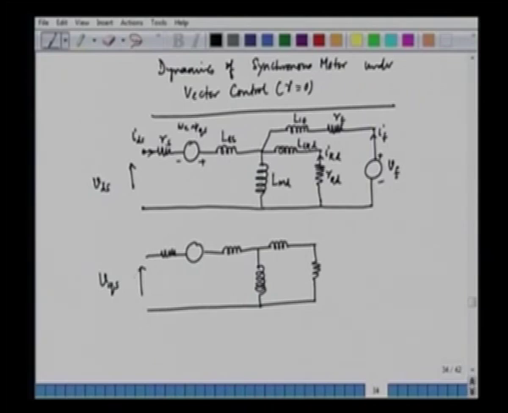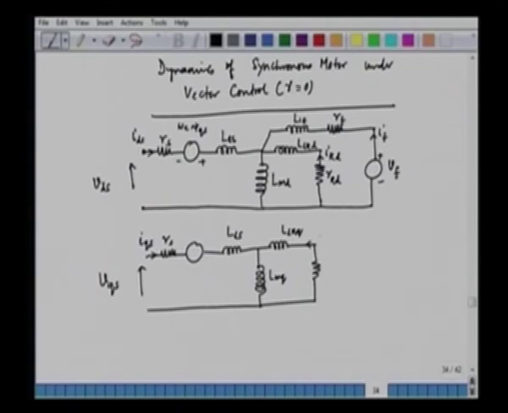Similarly, in the Q axis we have the stator resistance RS, IQS is the stator Q axis current, LLS is the stator leakage inductance, then LMQ is the magnetizing inductance in the Q axis, and LLKQ is the leakage inductance of the damper in the Q axis.